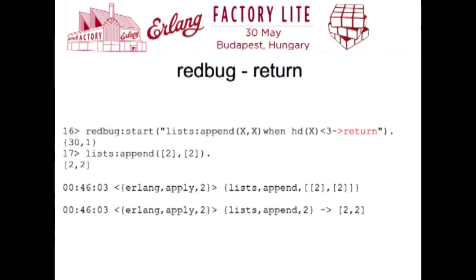It has one other action, that's the return value. Obviously, sometimes you want to see the return value of the code. So, the same append again here, and we want to see the return value. And now when I run this, it tells me that I called this append, and then it tells me what this append returned.